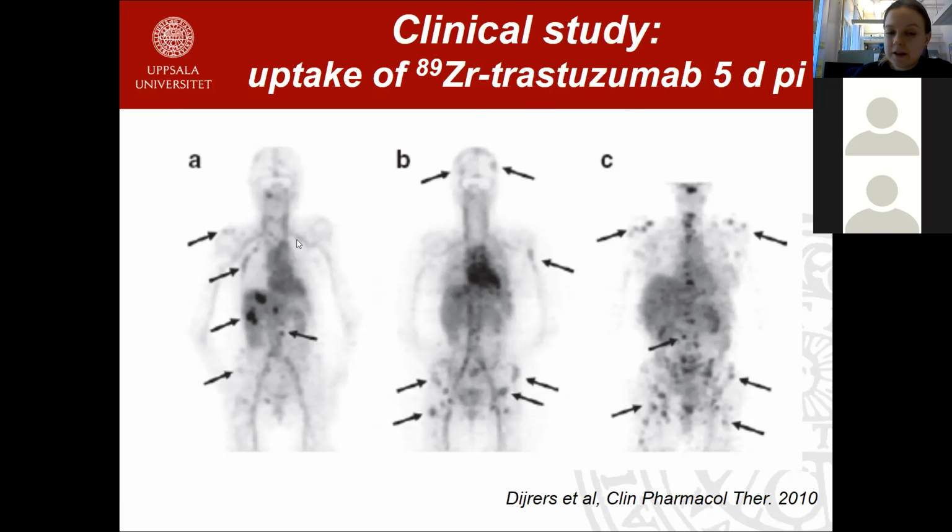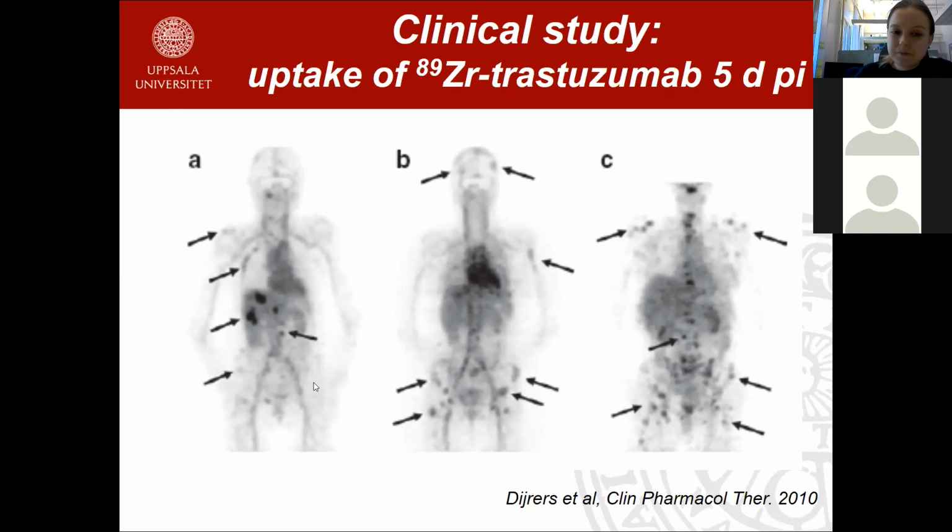And what we can see in this patient is that we have a lot of activity still in arteries. That means we can see contrast in the arteries, which means we have a lot of activity in the blood, which means that even 5 days after injection, our monoclonal antibody is still circulating, and it just gives us a lot of background.